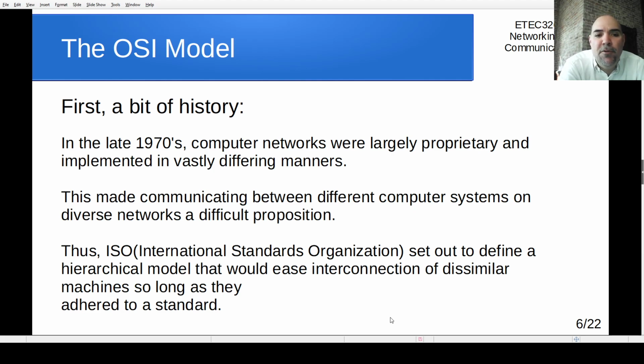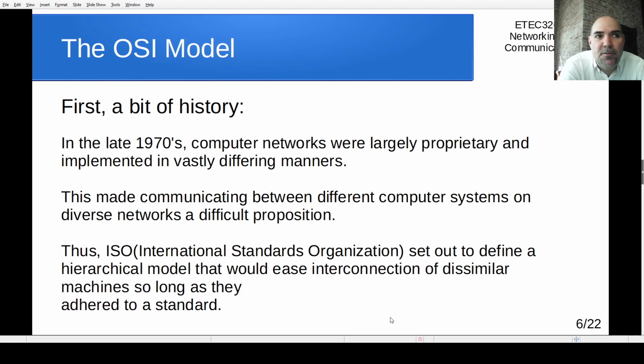In other words, if you had an IBM network and a Digital Equipment Corporation, a DEC network, the devices couldn't talk to each other because they were completely proprietary. And that difficulty in getting diverse types of networks, different brands, manufacturers, and equipment to talk to each other started to become a problem once computer systems started getting more networked with each other.